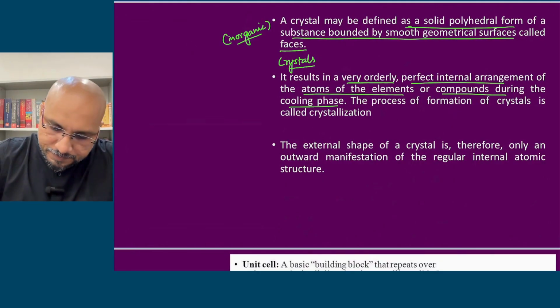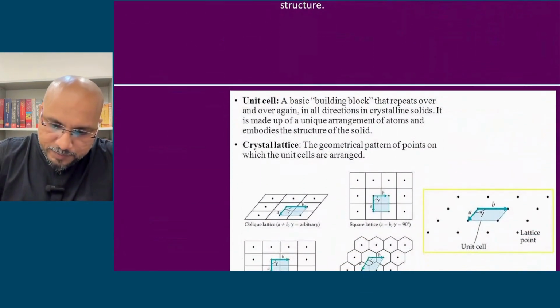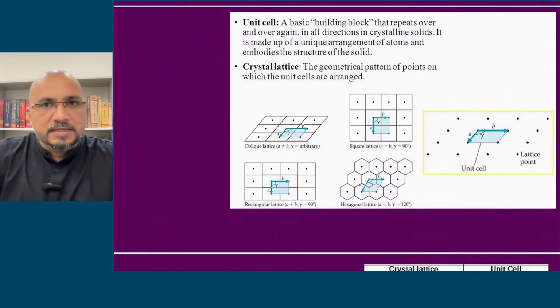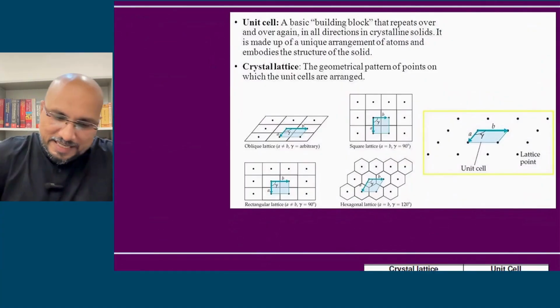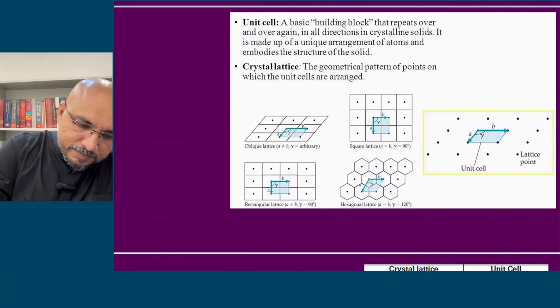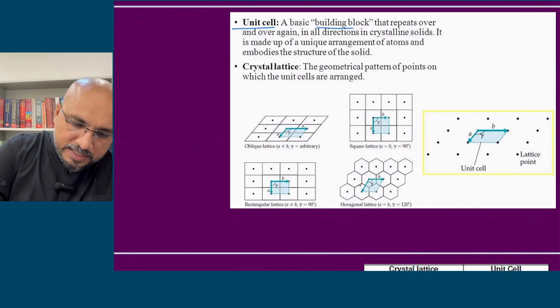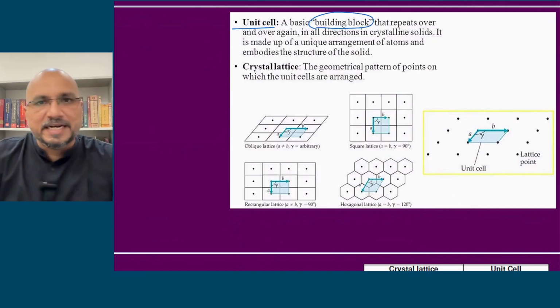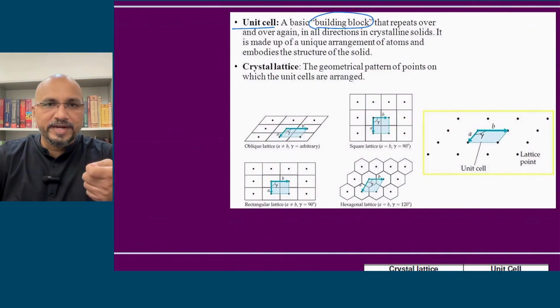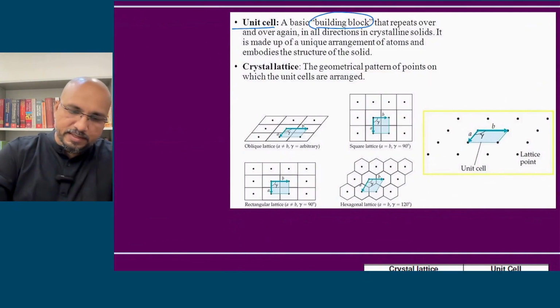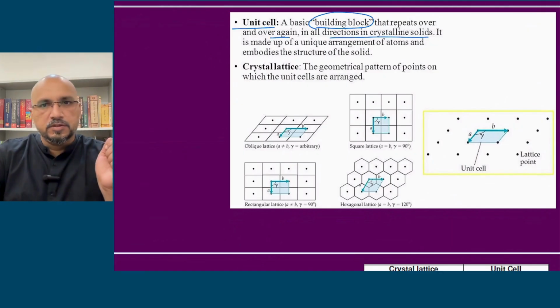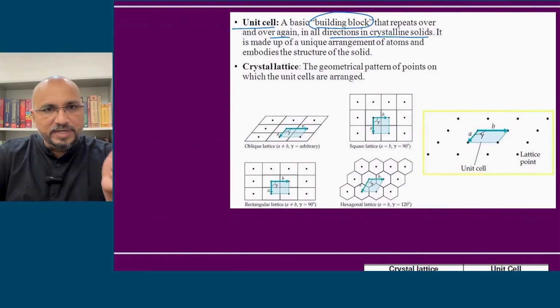Now let us proceed and look at the definitions of unit cell and crystal lattice. A unit cell is a basic building block that repeats over and over again in all directions in crystalline solids. So basically the unit cell is the basic unit.